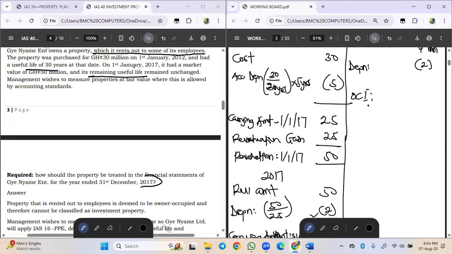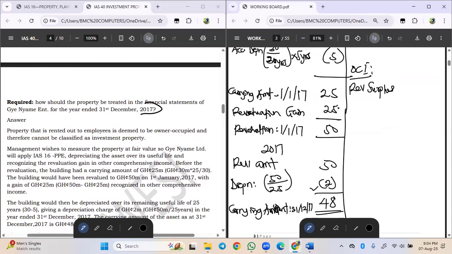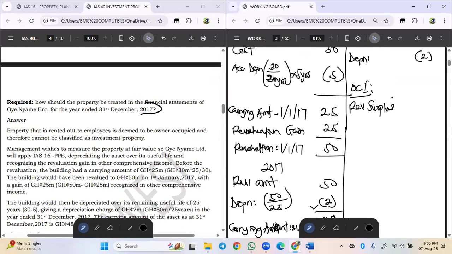OCI. You talk about the revaluation surplus or gain. And that one is 25, because this one is still in 2017. So 25.